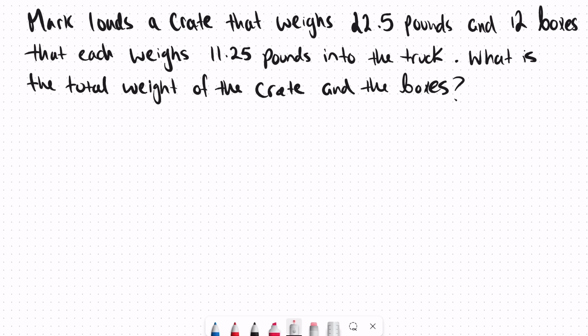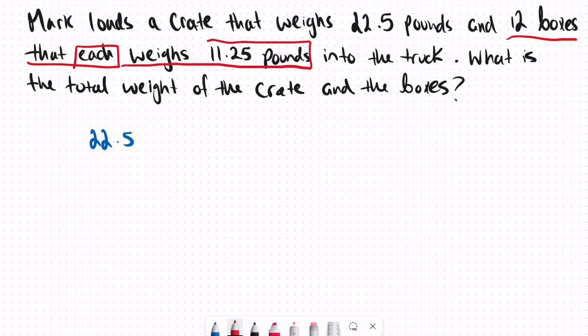So Mark loads a crate that weighs 22.5 pounds. So we can immediately say that 22.5 pounds is the total weight of the crate itself. But we need to figure out what the weight of the boxes is. So let's underline that: 12 boxes that each weigh 11.25 pounds. The key word here being each.